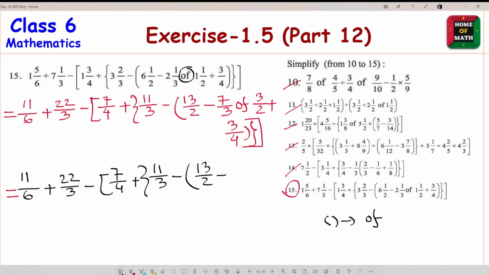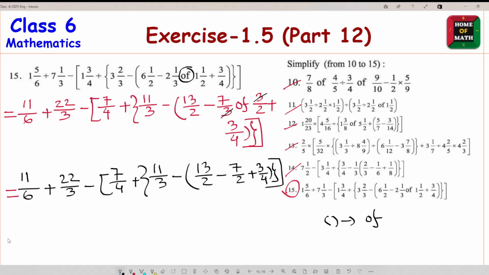Now look, here is 7 by 3 of 3 by 2, right? So this one, 3 and 3 cancel out, so we can write 7 by 2 plus 3 by 4, then first bracket, second bracket, third bracket.